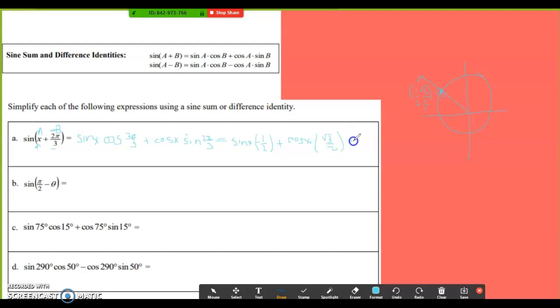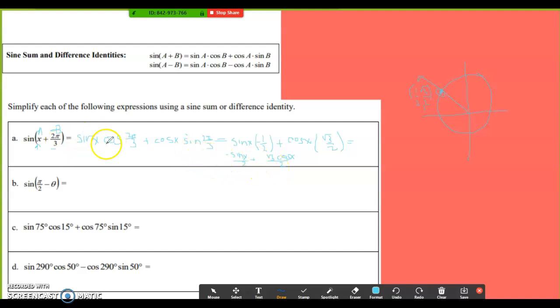And I can take this a step further and just rewrite this as negative sine x over 2 plus radical 3 cosine x over 2. And all I did is just multiply straight across for both of those, okay?